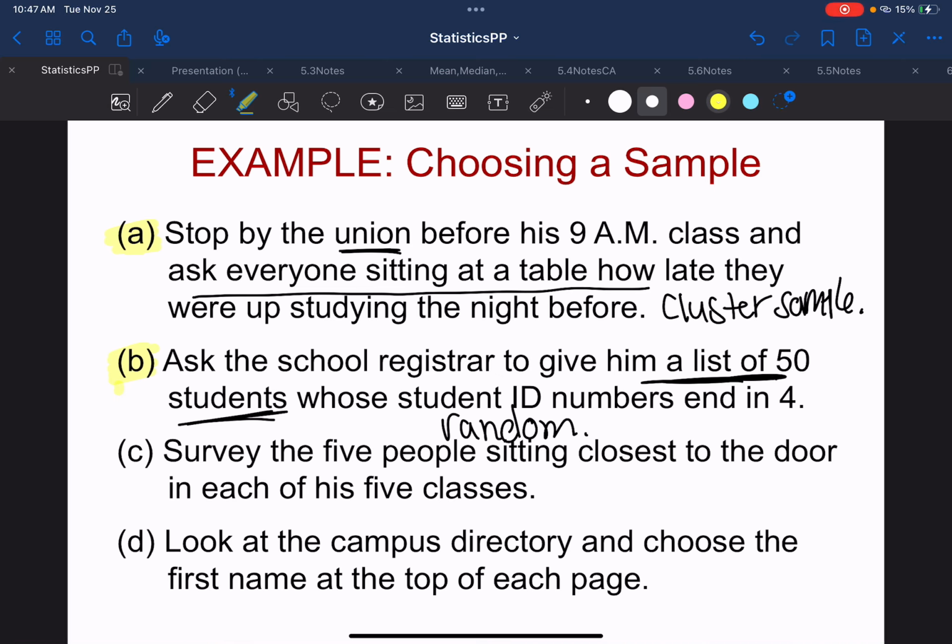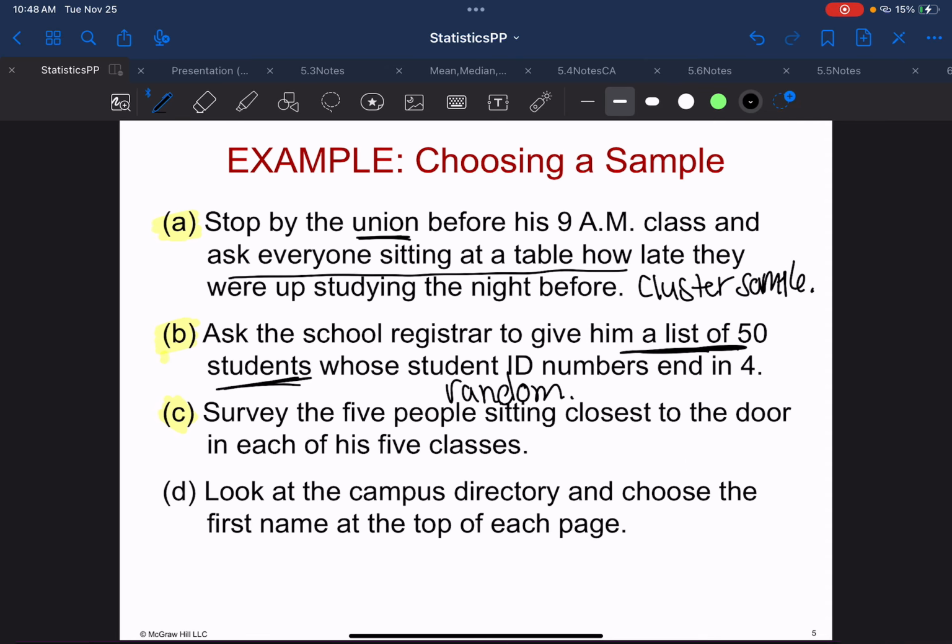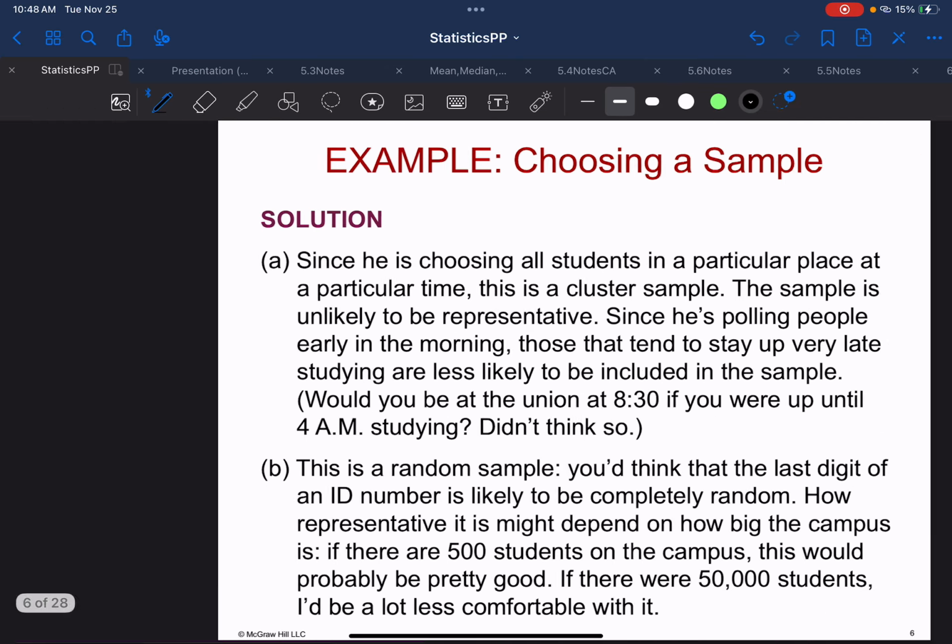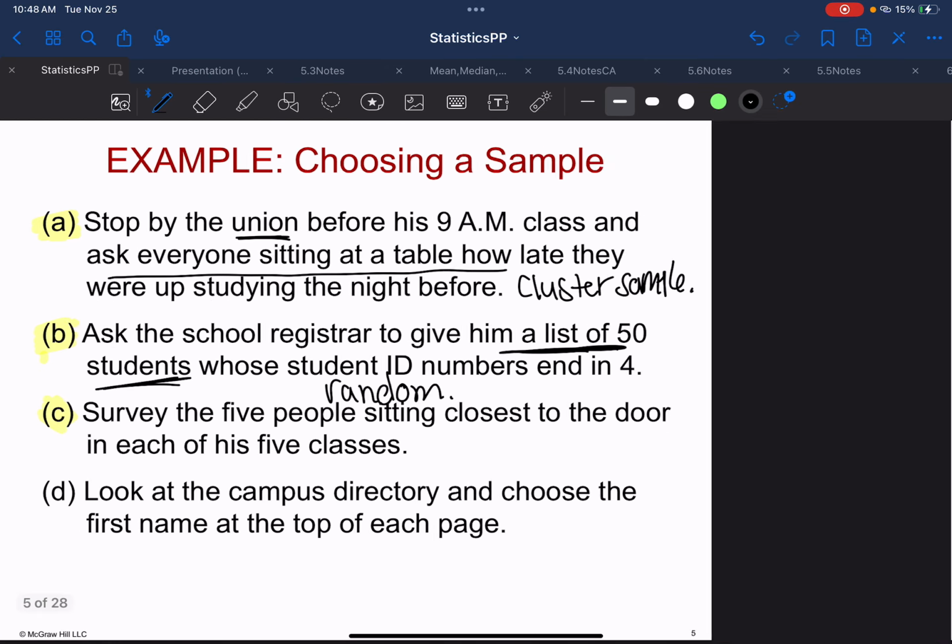And then C is that they survey the 5 people sitting closest to the door in each of his 5 classes. So this one is going to be a stratified sample.